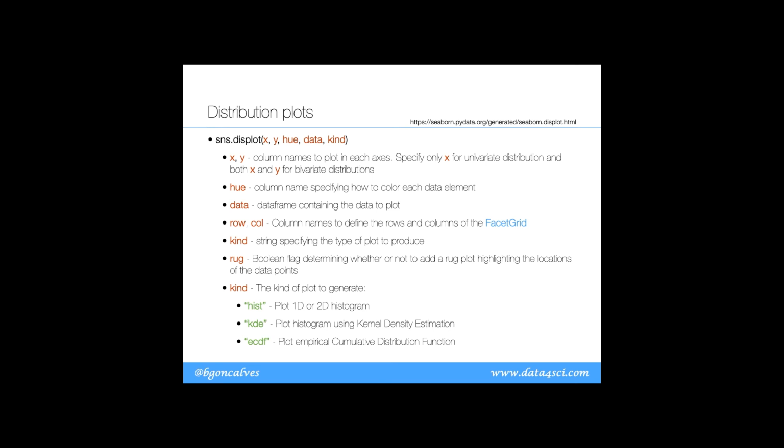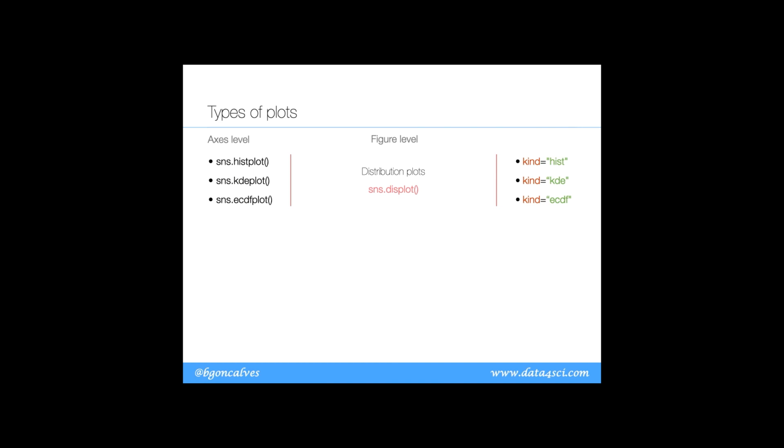And for the kind parameter, it accepts three types: hist for histograms, kde for kernel density estimate visualization of the data, and ecdf for empirical cumulative distribution function, to show you the cumulative distribution instead of the actual distribution. Of course this is the figure-level functionality for this plot. There's also the axes level, where you have sns.histplot, sns.kdeplot, and sns.ecdfplot.